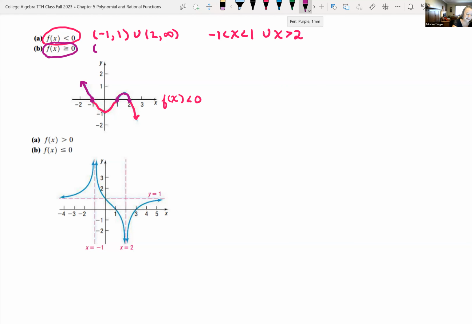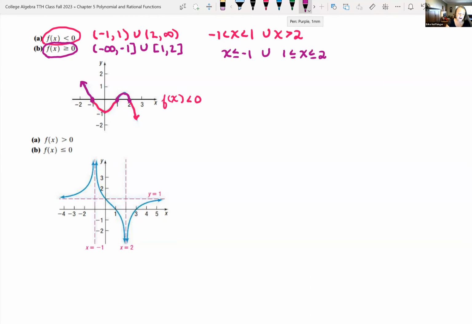So looking at this, everything from -infinity up to -1, including, so we put a bracket, union, then everything including and in between 1 and 2, so bracket 1, comma 2 bracket. I would state this in inequality form as x less than or equal to -1, union 1 is less than or equal to x is less than or equal to 2.